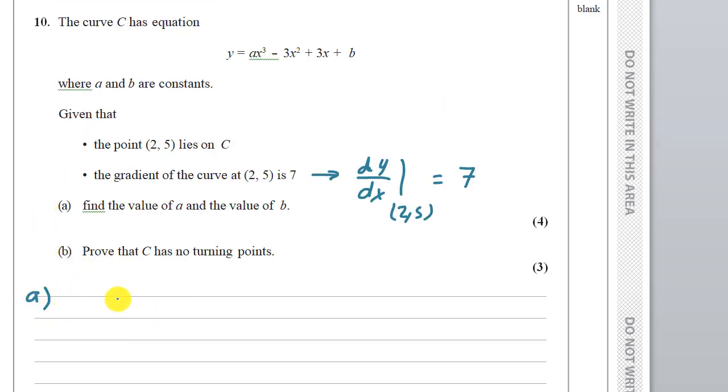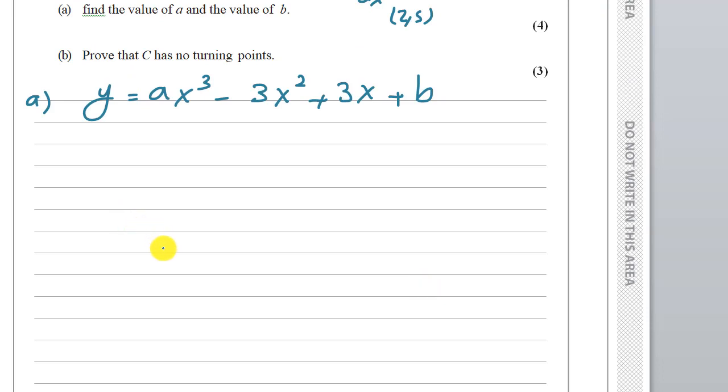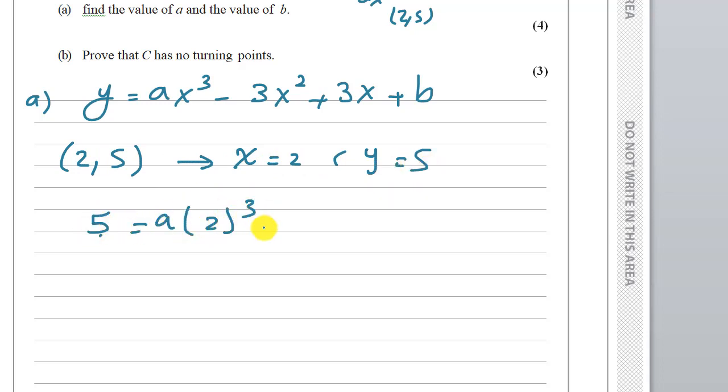This is part a. So the equation y is equal to ax power 3 minus 3x squared plus 3x plus b. The first condition, that point 2 and 5 lies on the curve, so x equal to 2, y equal to 5, so 5 is equal to a 2 power 3 minus 3 2 power 2 plus 3 multiplied by 2 plus b.